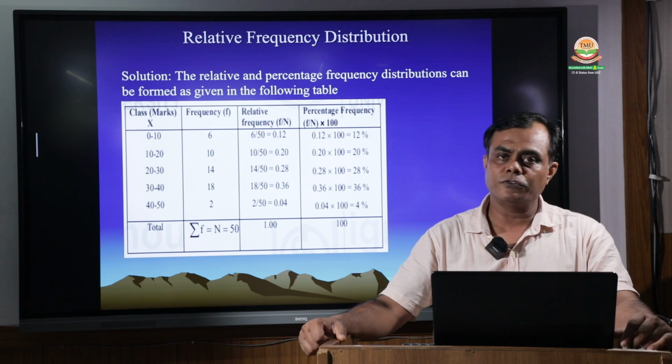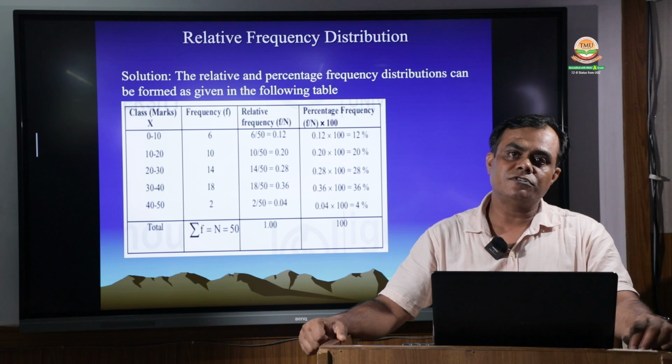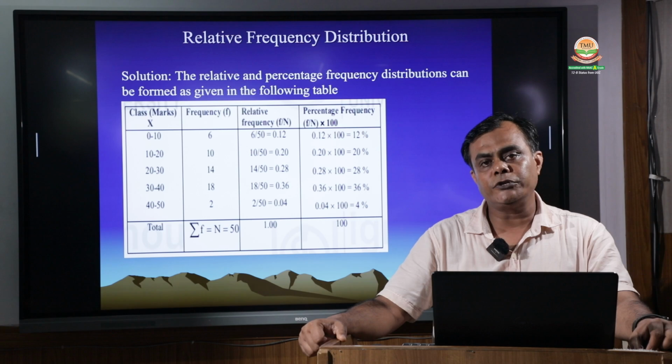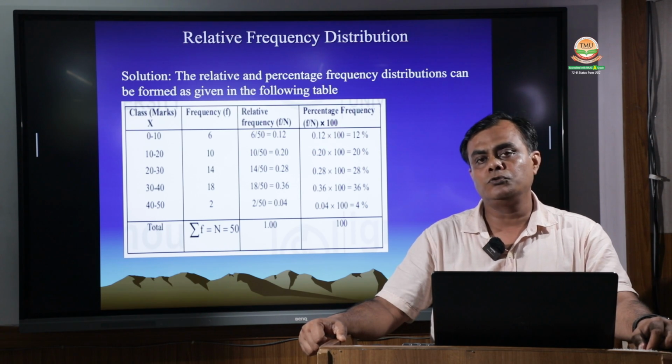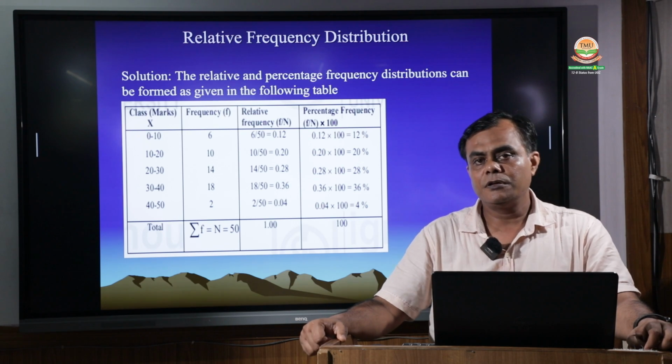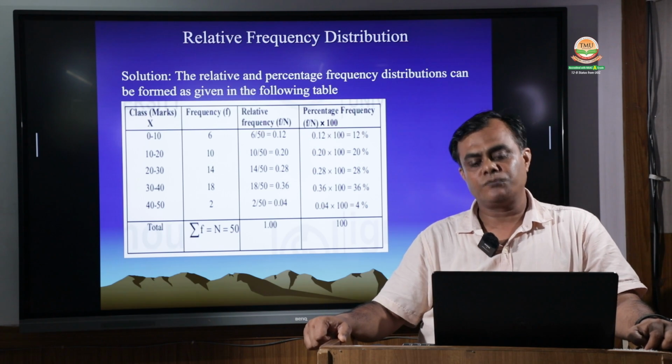So for the fourth class interval the relative frequency is 36%, and for the last class interval, 40 to 50, the frequency is 2. So 2 divided by 50 is 0.04, which means the percentage frequency is 4%.